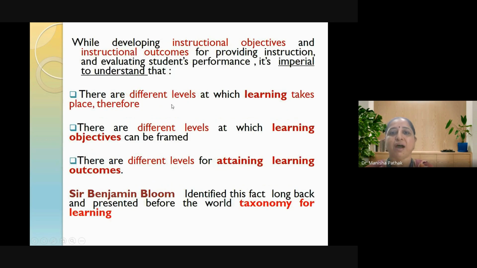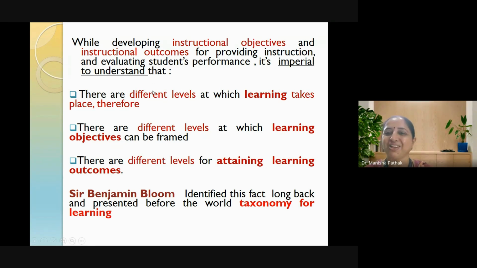Now, when we are developing instructional objectives, when we are at the verge of teaching students, we are supposed to frame objectives and instructional outcomes. At that juncture, it's important to understand that learning also occurs at different levels.